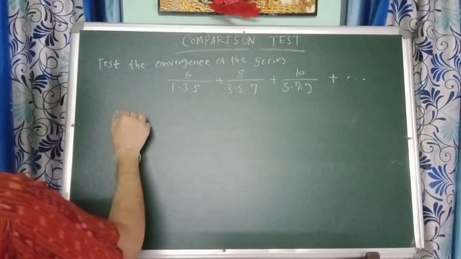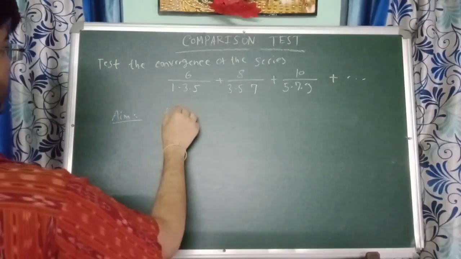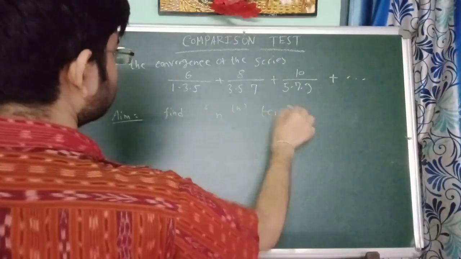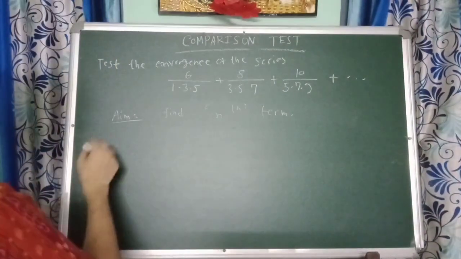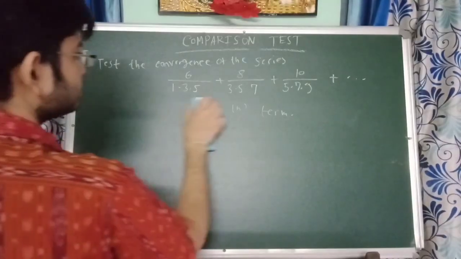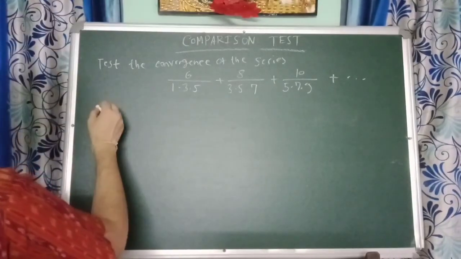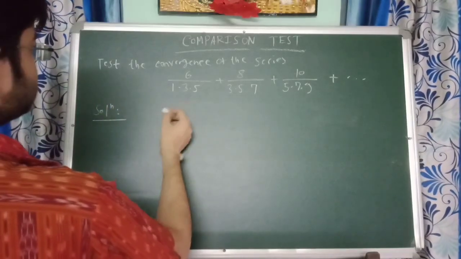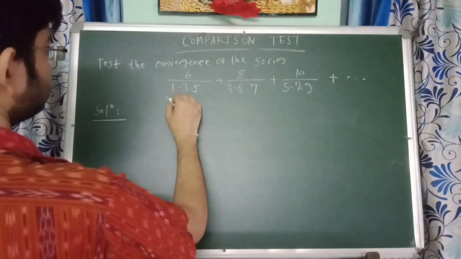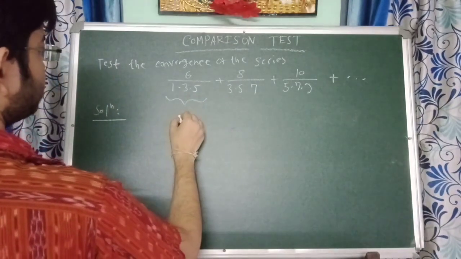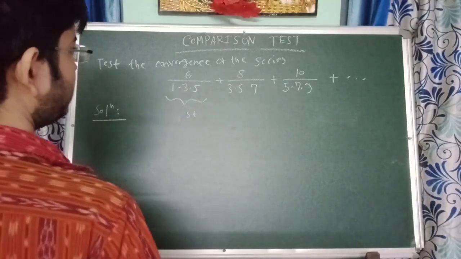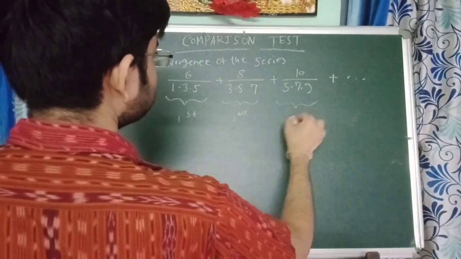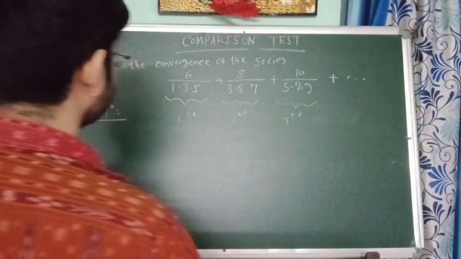First is to find the general nth term. This is the first term of the series, this is the second term, this is the third term, and so on.